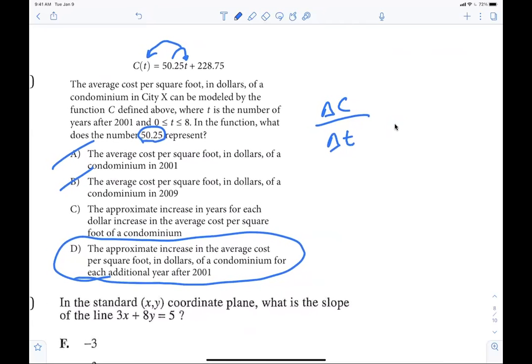So you're asking me to define the slope for you. You have to understand what slope means. Slope is the change in C over the change in T, right? So if you relate that to 50.25 over 1, the 50.25 is to the C and the 1 is to the T. I always say if I was making up math, I would have just done delta X over delta Y and made life easy. But there's a definite reason why it can't be that way.